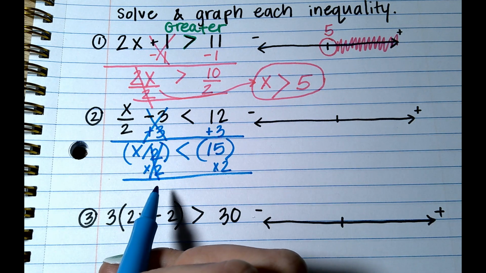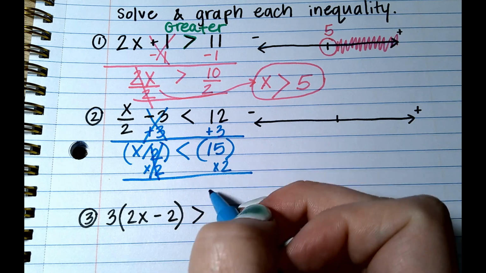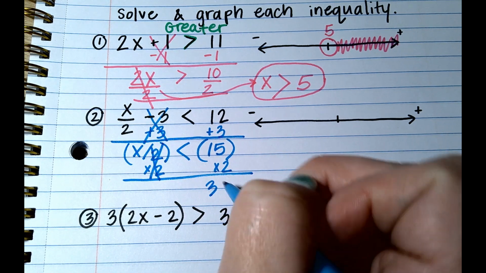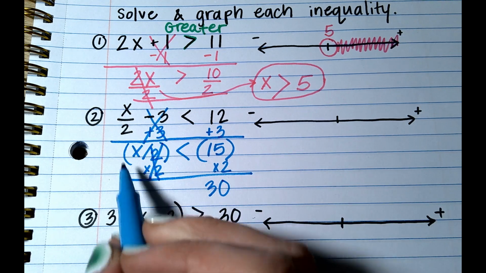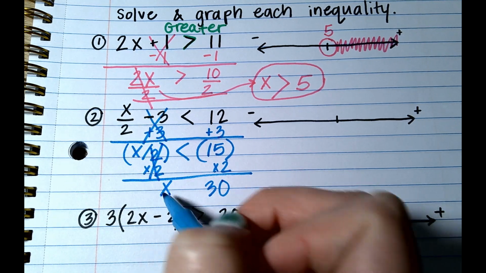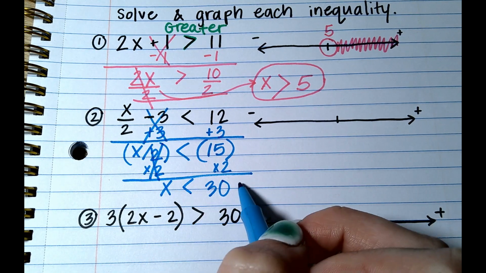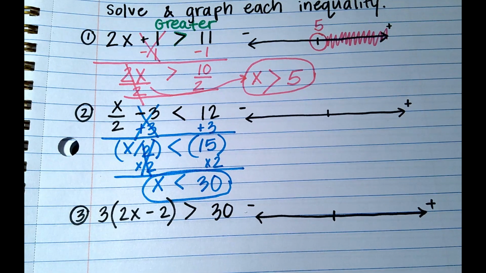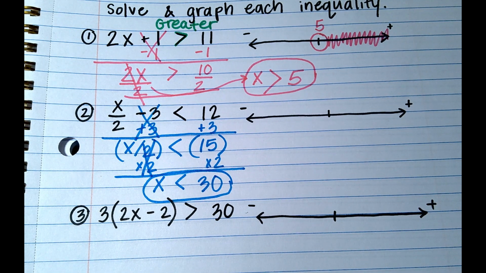Then what? 15 times 2 is 30. Good. So I'll bring down my x, bring down less than 30. That's our answer.